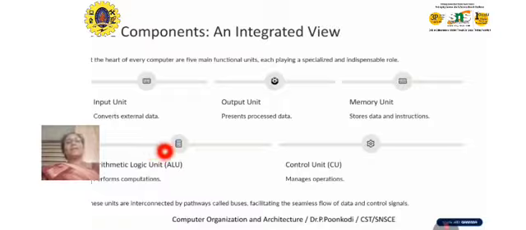So the arithmetic and logical unit handles the equations. Then the control unit: if I give multiple values and want to do looping, say I give some n number of digits, and I want to repeat that particular operation, then the control unit is used.